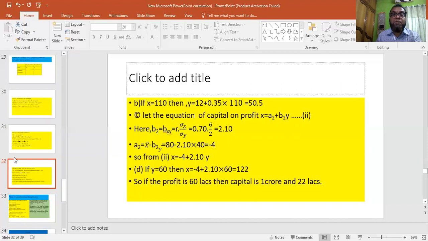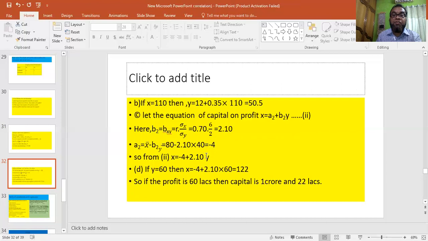That is 2.10, so b2 is 2.10. Now, as in our previous math, a2 equals x bar minus b2 y bar. That is 80 minus 2.10 into 40, that is minus 4. So you put the value in the equation: x equals a2 plus b2y, a2 is minus 4, b2 is 2.10.